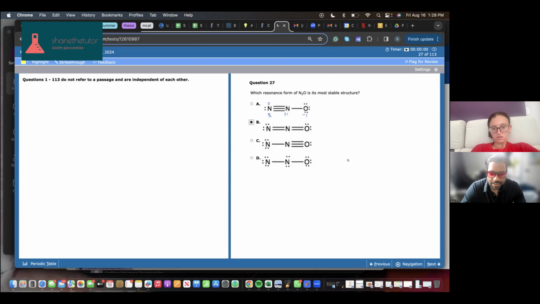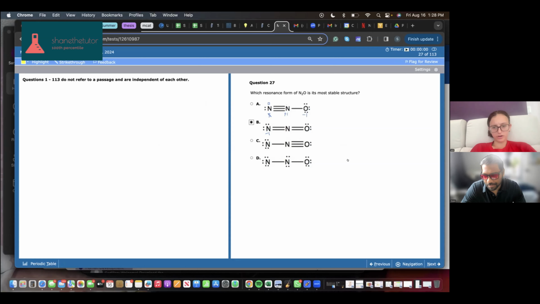If we have six bonds from five valence electrons, it means we need an additional electron, so it becomes negative one. Then the nitrogen in the middle has four bonds.